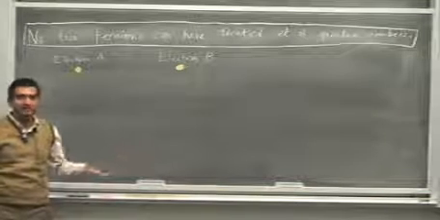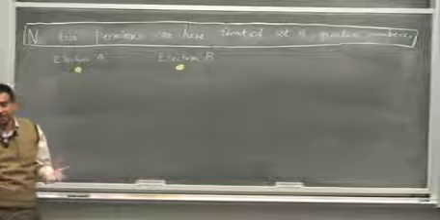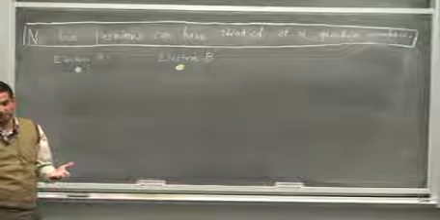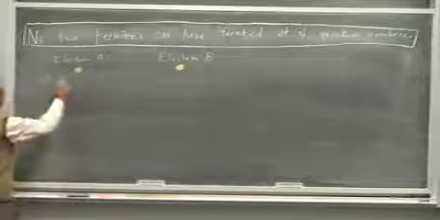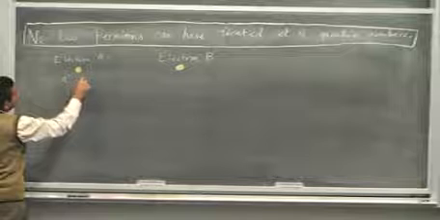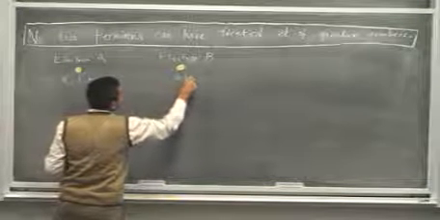They have the same energy, therefore they will have identical wave functions as far as the spatial part is concerned. Which means this will have an n, l and ml, and this electron will have the same set of n, l and ml.